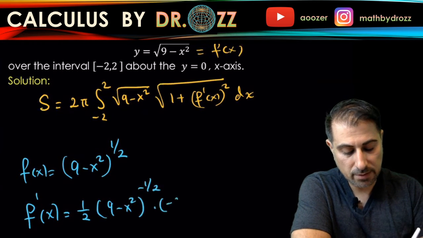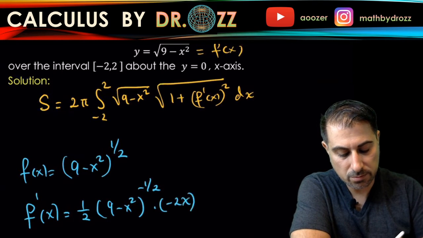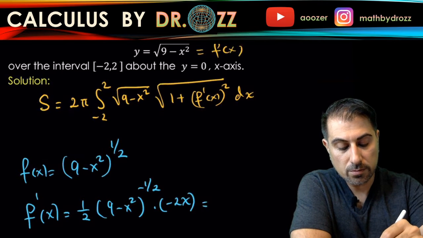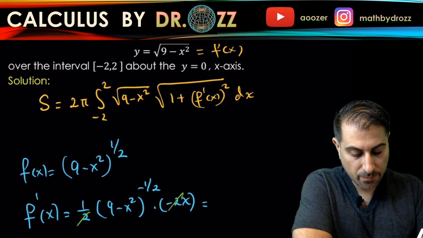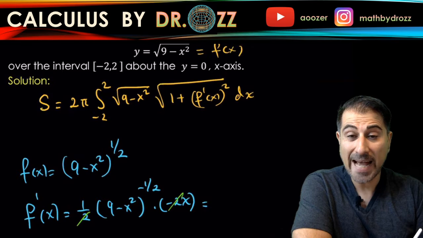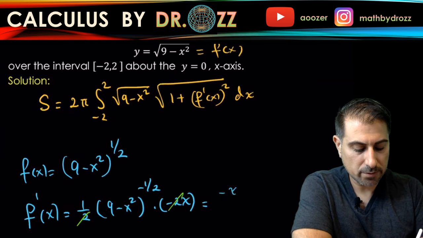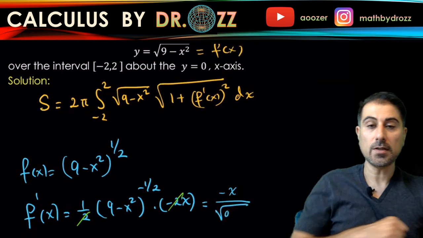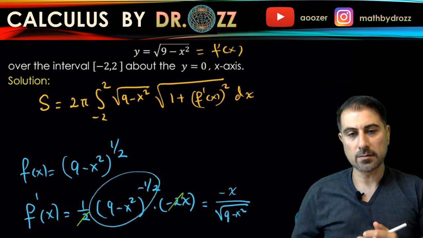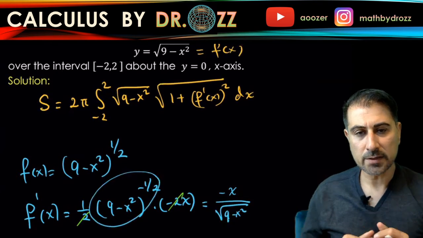And I'm going to rewrite this after I simplify the 2's. So we have -x divided by radical 9 minus x squared. I write this term as a reciprocal and use the fact that the 1/2 power is the radical.